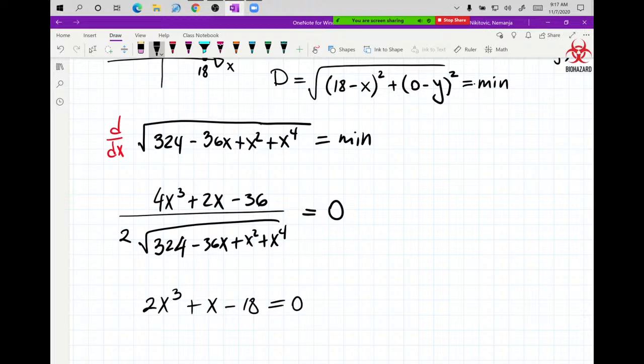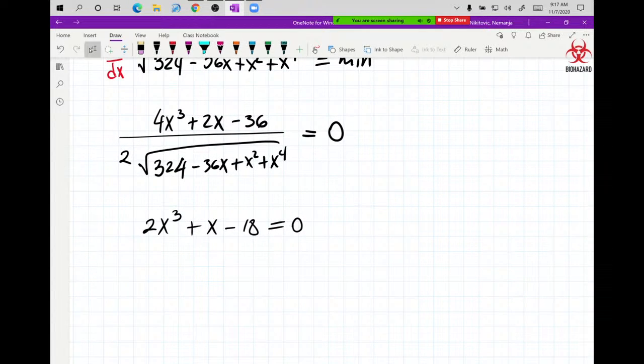So we have 2x cubed plus x minus 18 equals 0. And the value that we get from this is x equals 2. See, factoring would work out great.